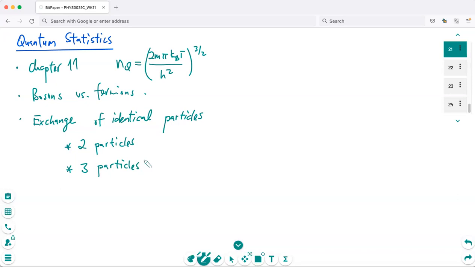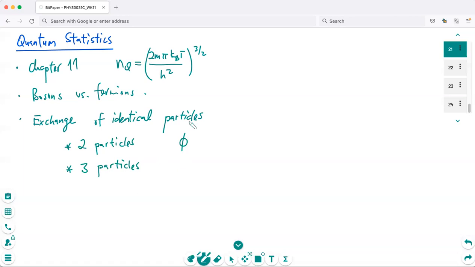So suppose I have two identical particles described by a single particle wave function. I will call this phi. I have to label this in order for me to keep track of them. Although they are not distinguishable, for this discussion I need to really know which one is which before I do the exchange.